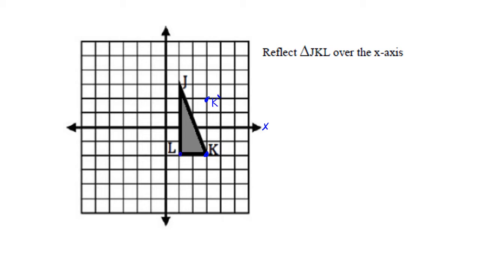Right now L is still 2 below our flip line, which is the x-axis. So that's going to end up 2 above that flip line. And J is 3 above right now, so J prime will be 3 below. And if I draw this shape, I have created something that is flipped over the x-axis.